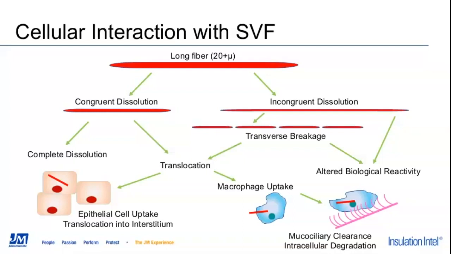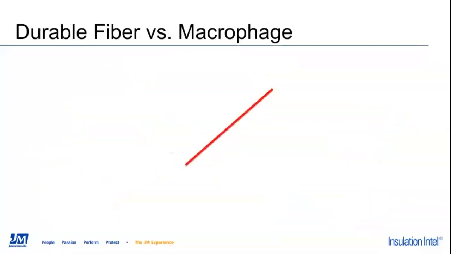Once that happens, you can get a fairly easy macrophage uptake, and those fibers are then cleared out of the lung via what they call the mucociliary escalator. So that's what we learned in the long-term animal studies.